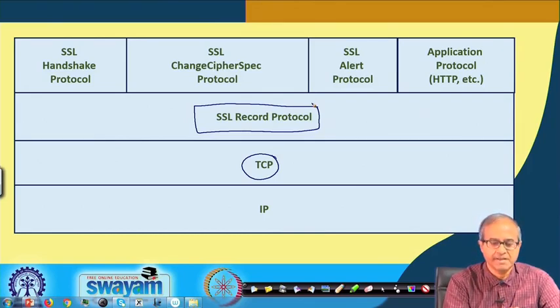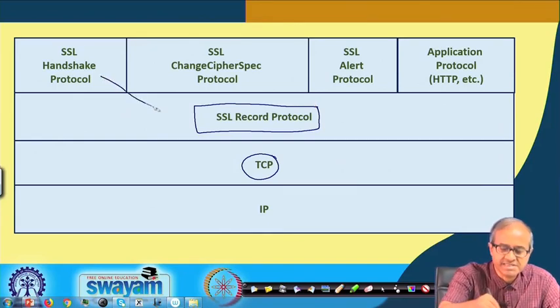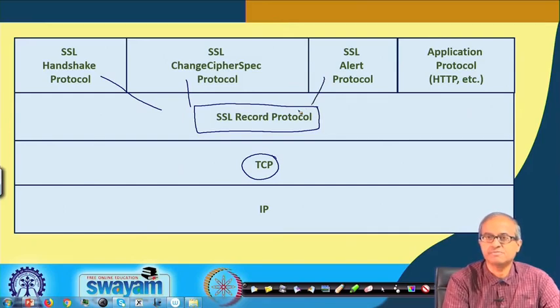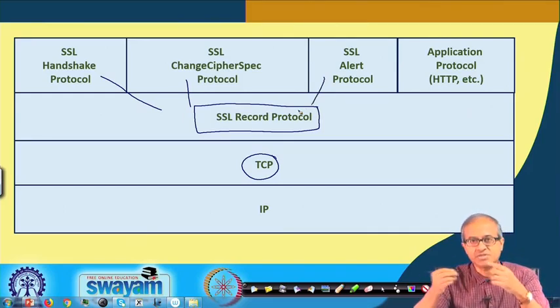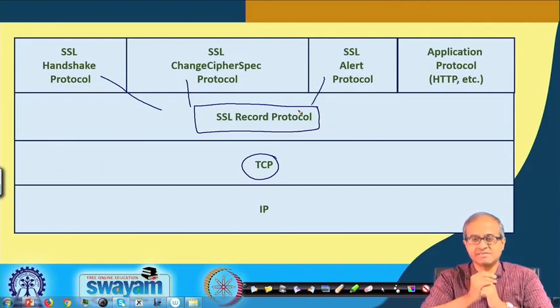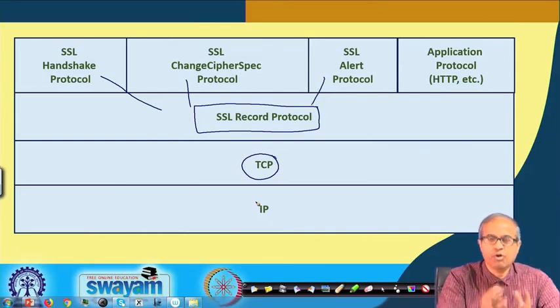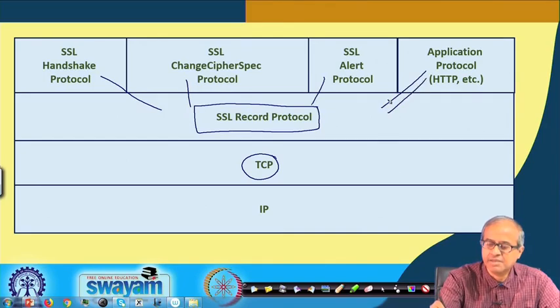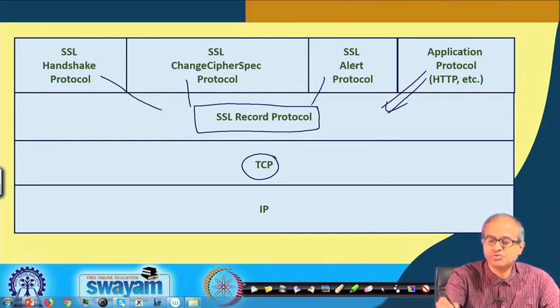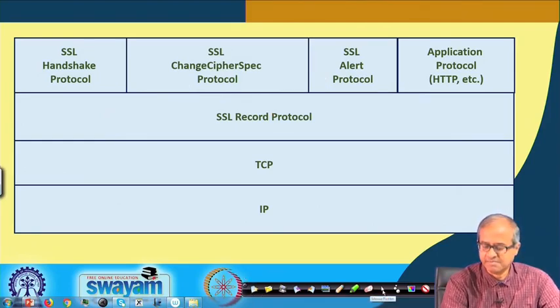On top of it you have the SSL handshake protocol, change cipher spec and alert protocols, which generate some messages which are required for establishing the connections. All of these go through the record protocol, so that they can all be encrypted and then sent. In addition, you can have your applications. Now, applications do not interact with these three, they interact directly with the record protocol. Okay? This is how the entire protocol stack for SSL looks.